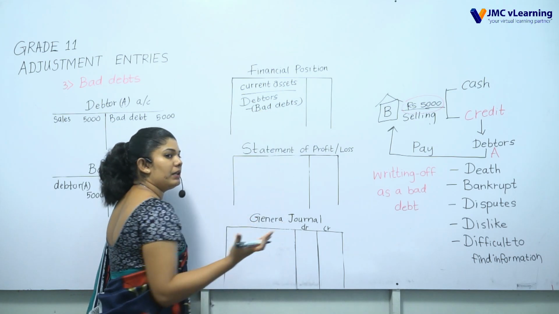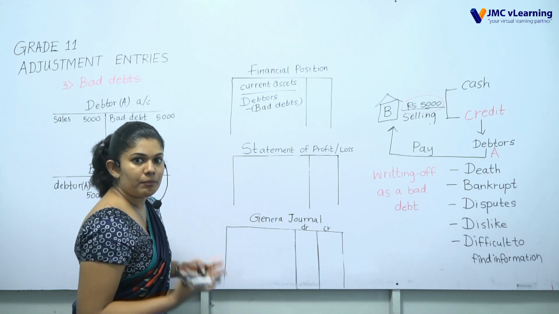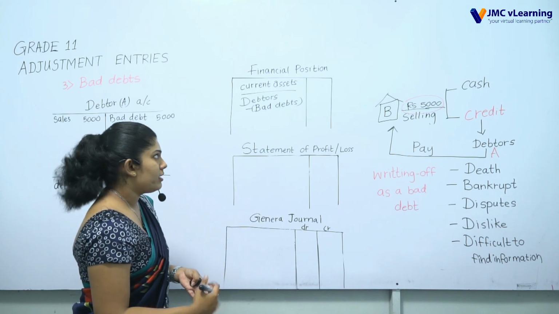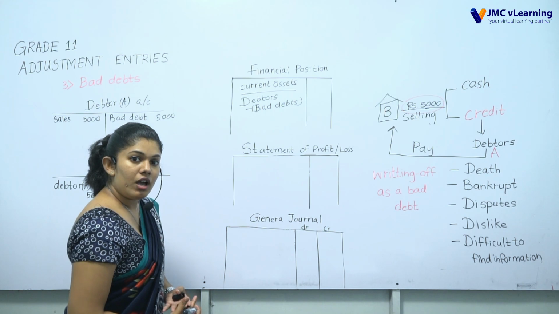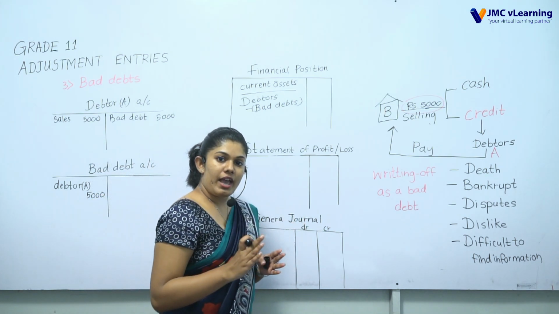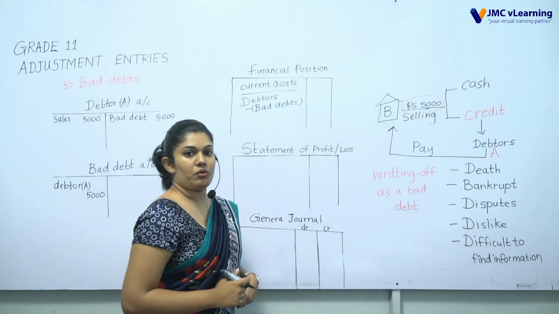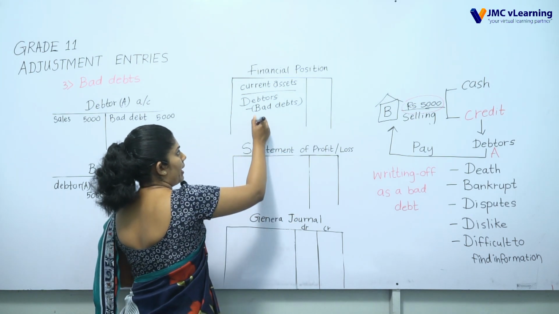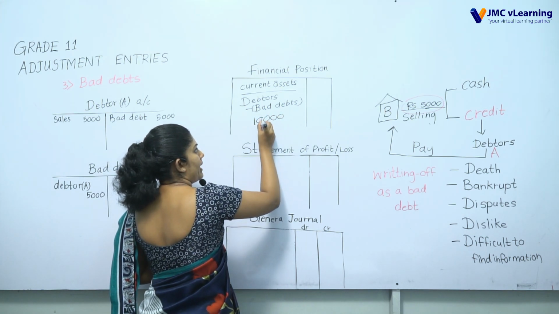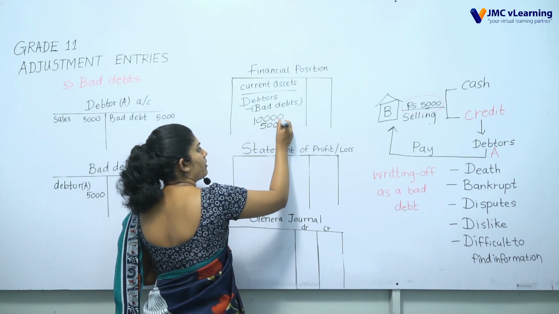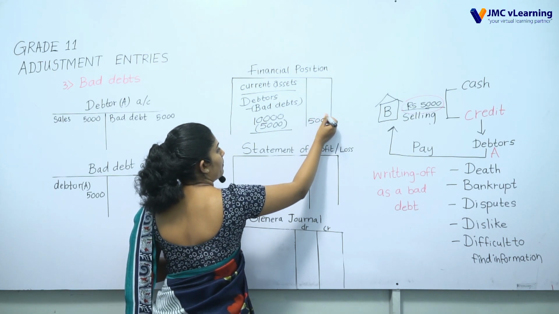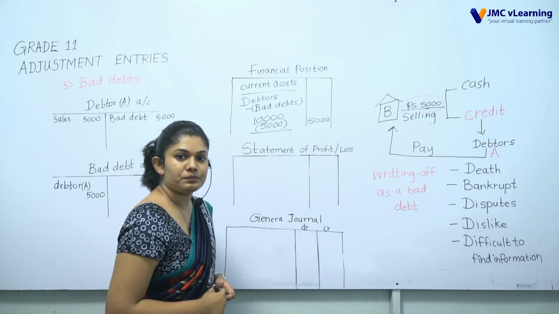In this example, we don't have any other debtors because the only debtor I had was Mr. A, who is dead. So I don't have any debtors right now. But if the business has other debtors with a balance, we have to remove the bad debt amount. Let's say we have a balance of 10,000 debtors. Now Mr. A's amount has to be removed, 5,000 bad debt. So the remaining 5,000 will be recorded here.